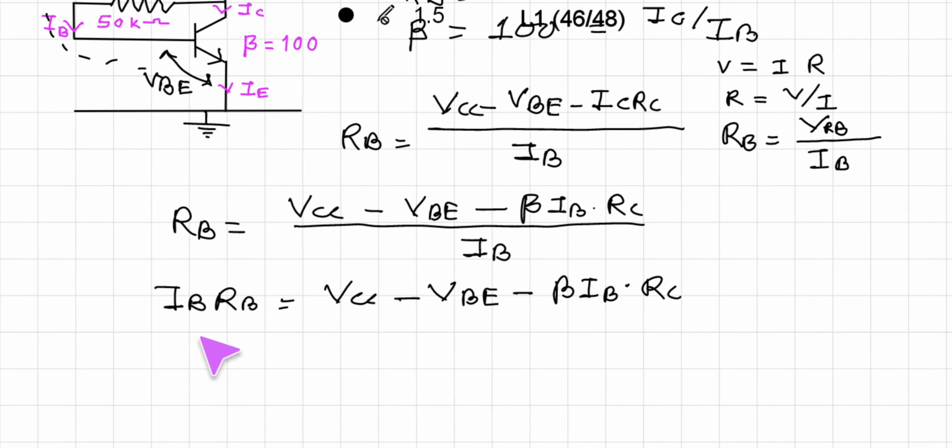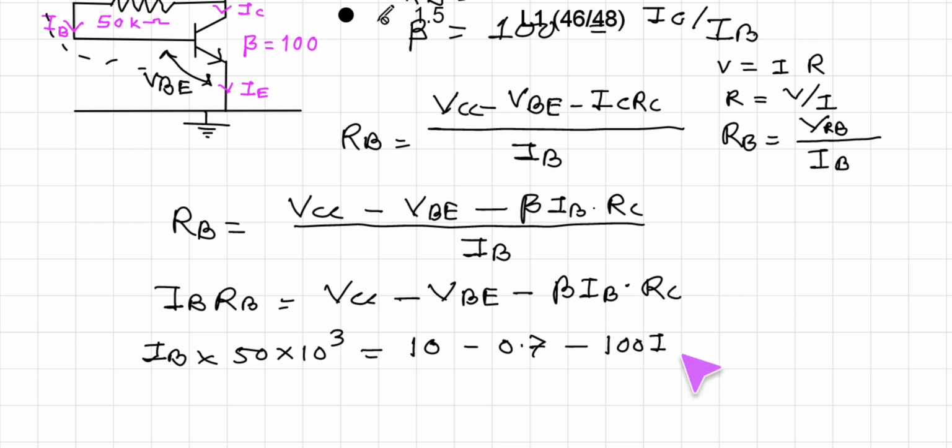So putting those values here, IB into the value of RB, that is 50 kilo ohm, is equal to VCC, that is 10 volt, minus VBE 0.7 volt, minus beta times IB, where the value of beta is 100 times IB, into RC, that is 1 kilo ohm.